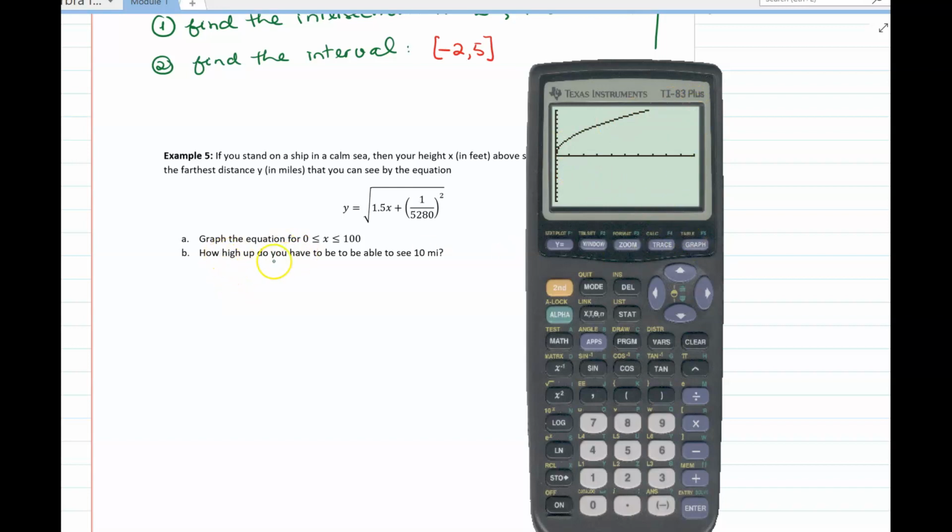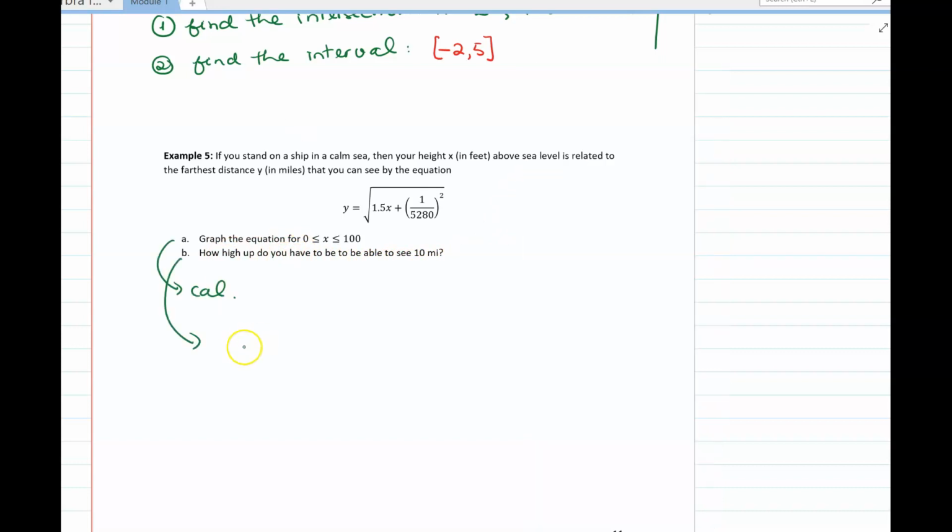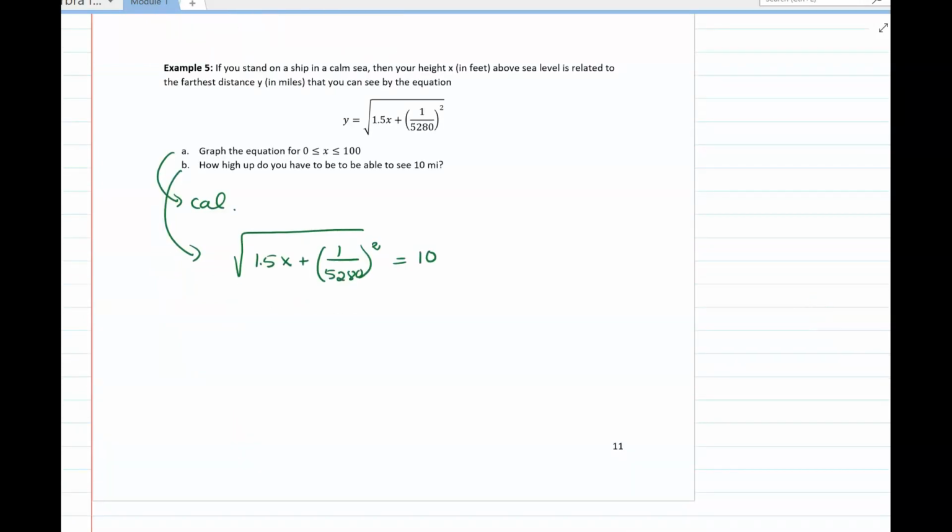Okay, so how high up do you have to be in order to see 10 miles? In order to see 10 miles, let's set this equation equal to 10. So we can set the first equation f of x equal to the square root of 1.5x plus x squared over 5,280 squared, and the second equation equal to 10, and we want to find the intersection.